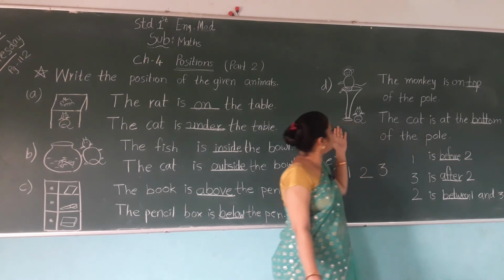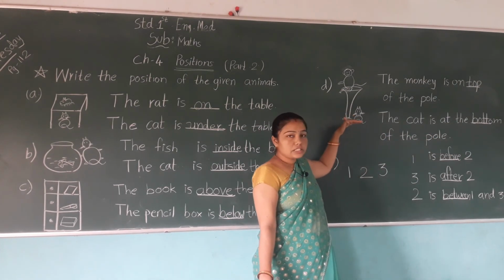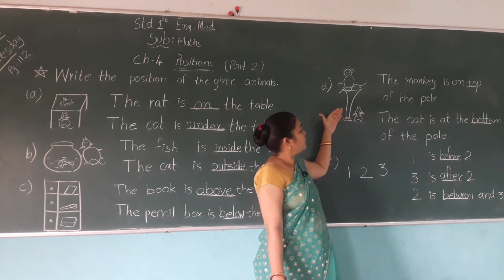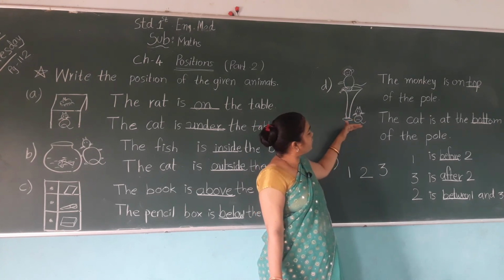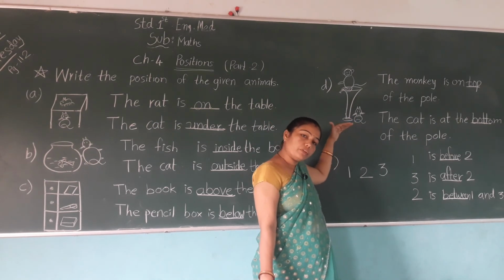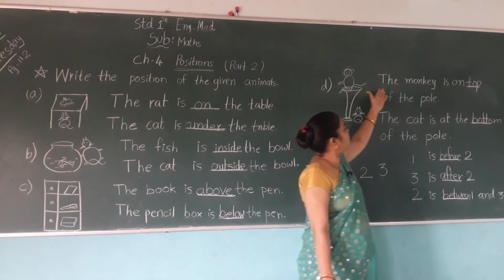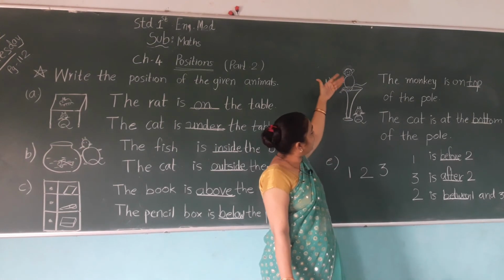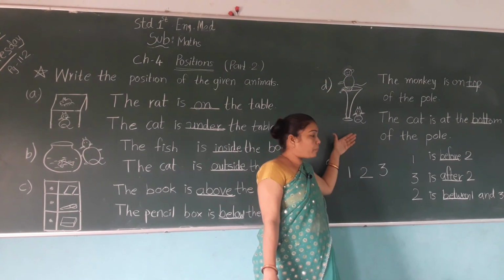The cat is at the dash of the pole. Where is the cat? The cat is at the bottom of the pole. The monkey is on the top of the pole and the cat is on the bottom of the pole.